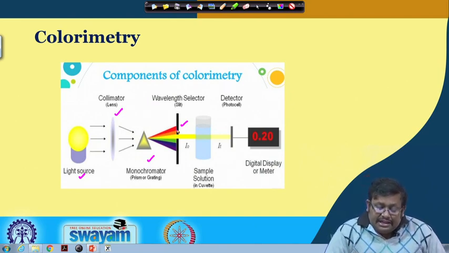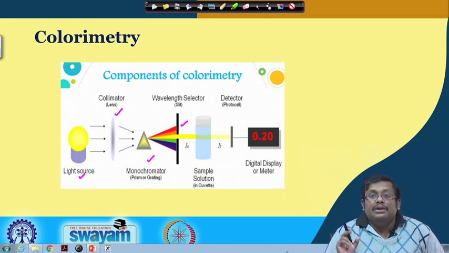Now, this particular wavelength will go through a sample. For example, we have extracted the soil phosphorus, and then we have developed the intense blue color by adding stannous chloride.